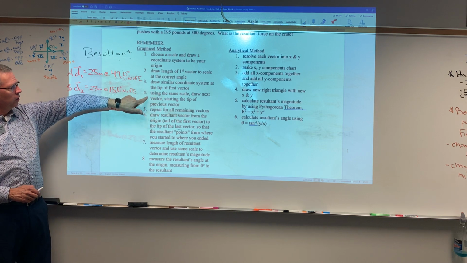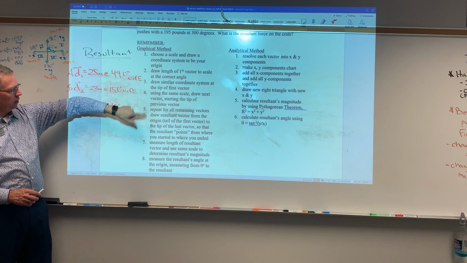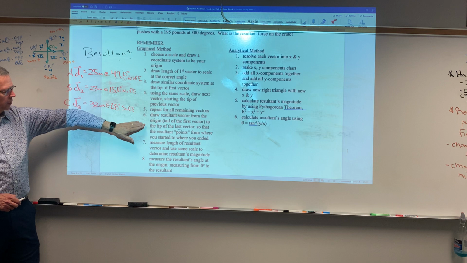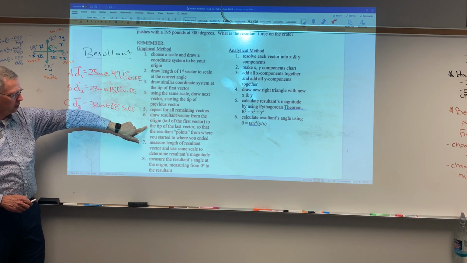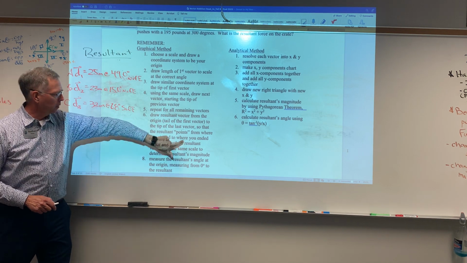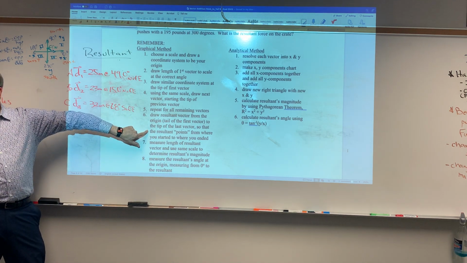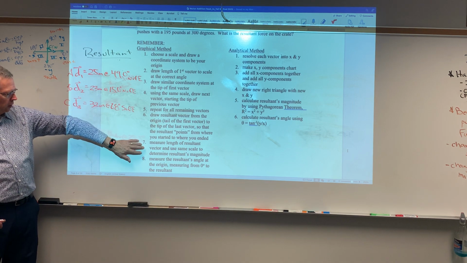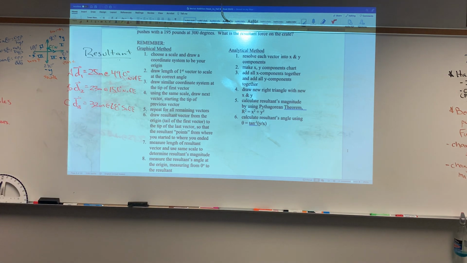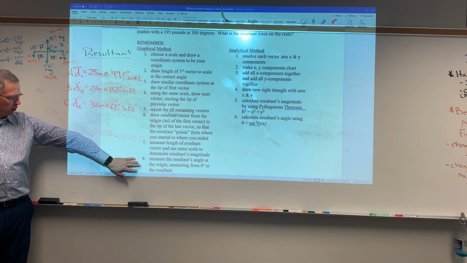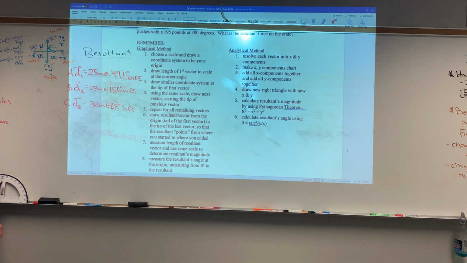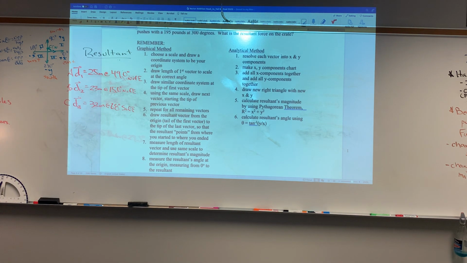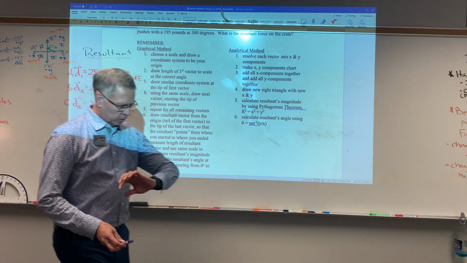Using the same scale, draw your next vector, and repeat for all remaining vectors. Draw the resultant from the origin, the tail of the first vector, to the tip of the last vector. The resultant should always point from where you started to where you ended. Measure the length of the resultant and use the same scale to determine its magnitude. Then use your protractor to measure the resultant's angle at the origin, from 0 degrees to the resultant.